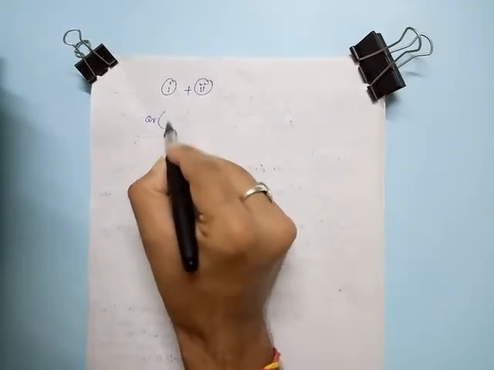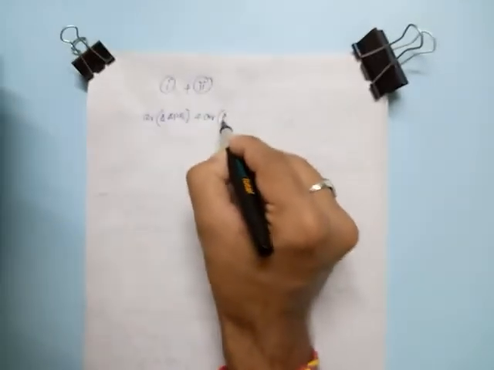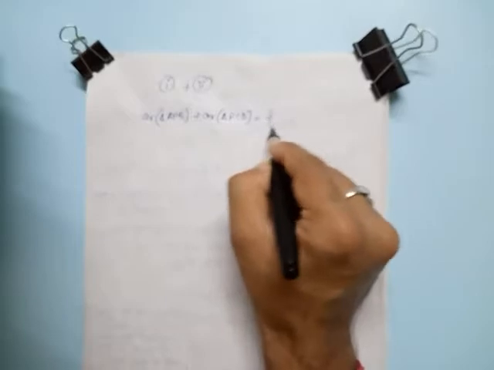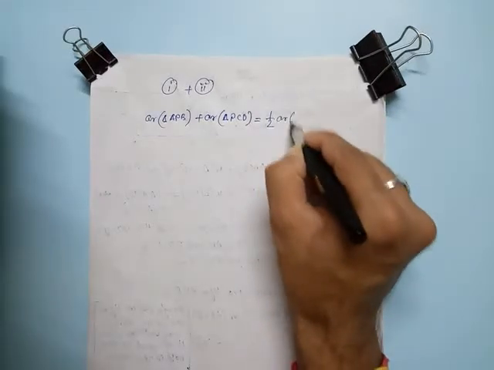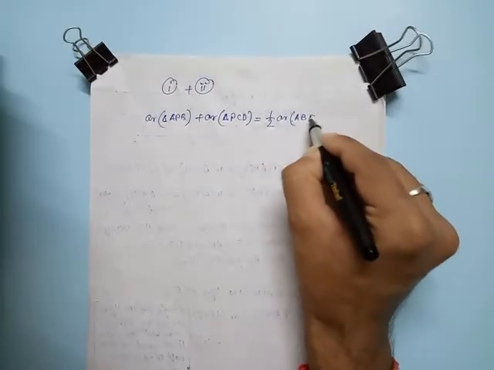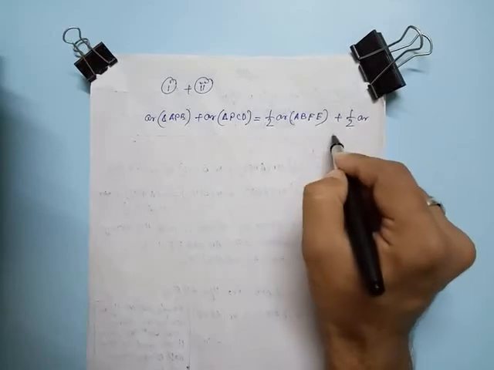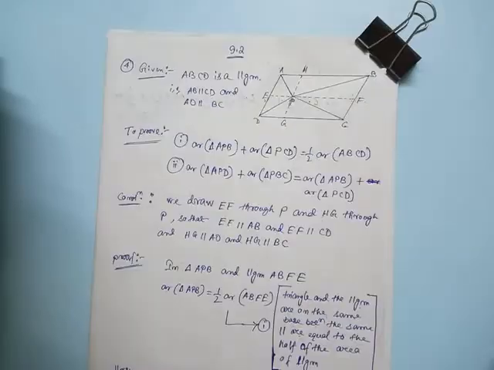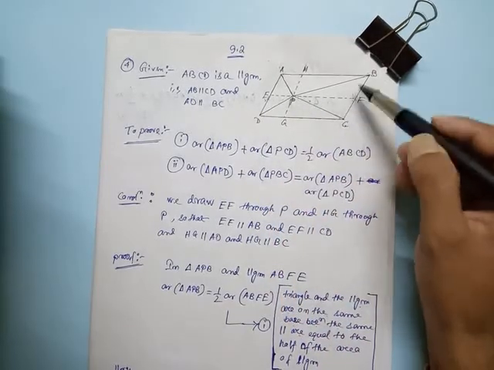So here would be area triangle APB plus area triangle PCD equal half area ABFE plus half area EFCD.